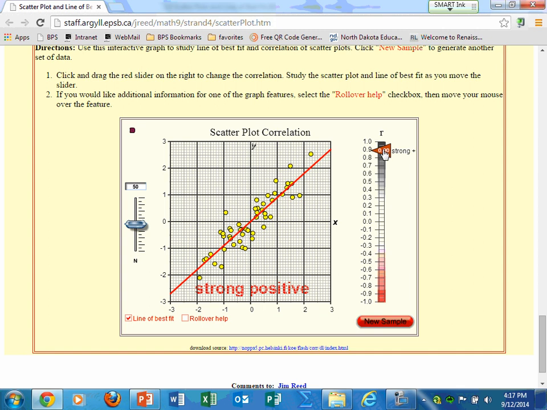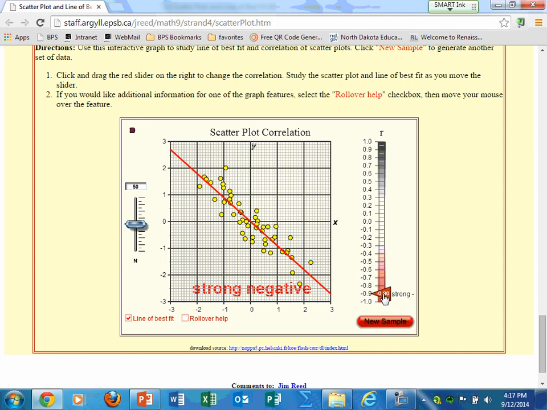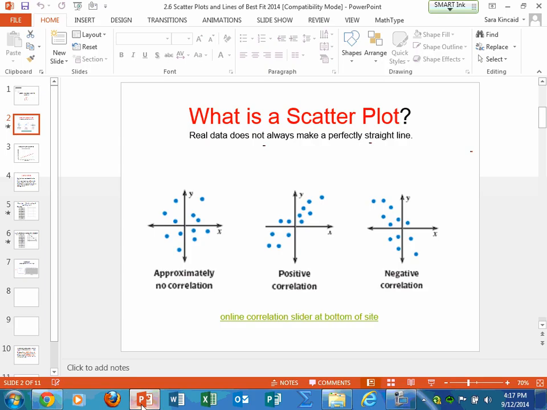And you can see that slope a little bit better. This is a strong positive relationship. You can see how those dots trend upwards, or how they're sloping upwards. And then a strong negative relationship. They're trending downwards. They're pretty close to that downward sloping line. This idea is what we want to focus on today: how do we find that line of best fit?